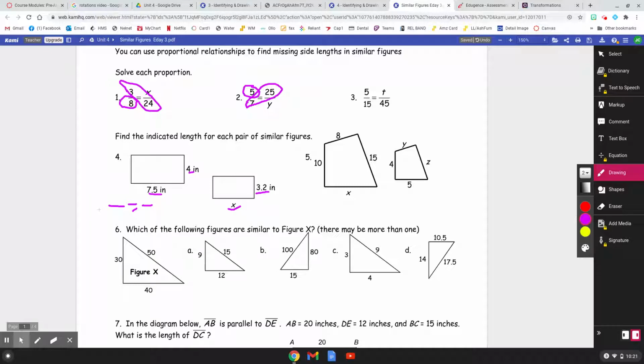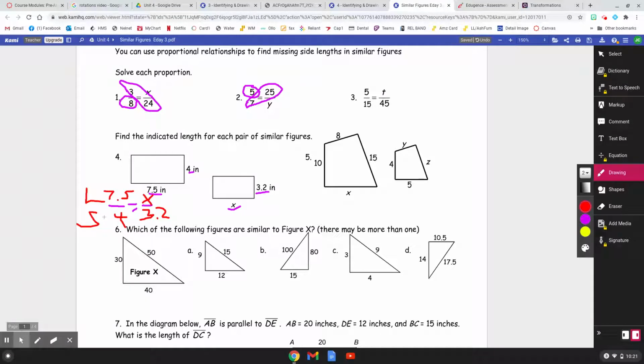Let's say we do the long side over the short side. It doesn't matter which one you start with. I'm going to put long side over short side, so 7.5 over 4, because that's my long over short, and then x over 3.2.